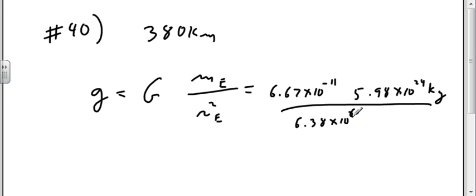That's really 10 to the 6 meters, plus 0.38 times 10 to the 6 meters, squared.